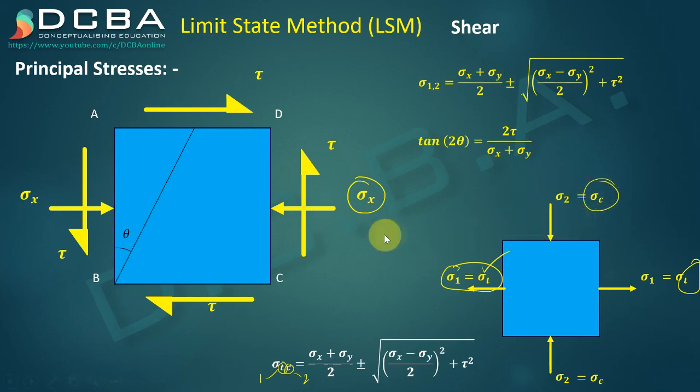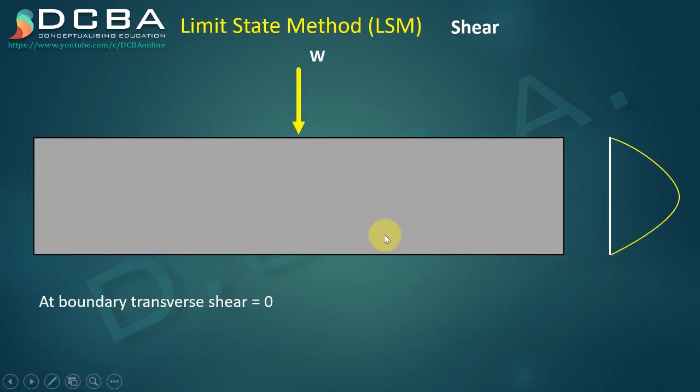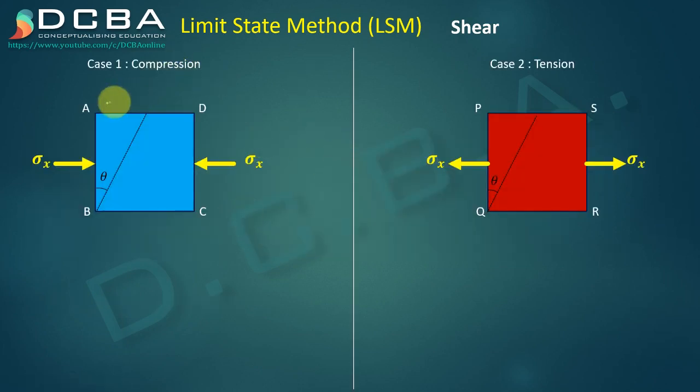Okay. Now we will come to a boundary condition. We know that this is a transverse shear, and at the edge, that is at the boundary, your tau will be equal to 0. So when we put this tau equals 0, we won't be having any transverse shear stress acting on the element, right?